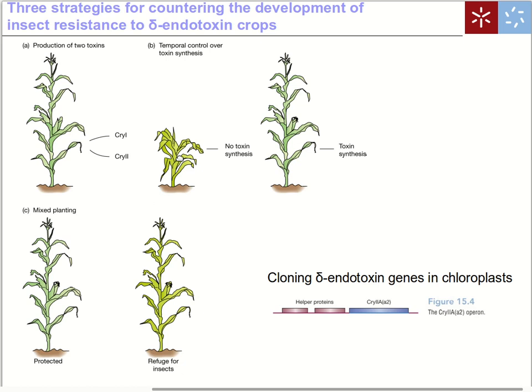It doesn't kill the plant if some insects eat from it, but when the plant is ready to make corn, it also starts to produce toxins, and the plant is resistant and survives and can produce corn.